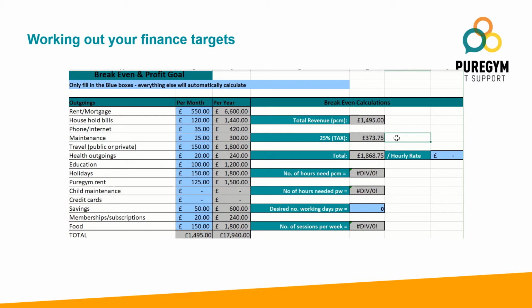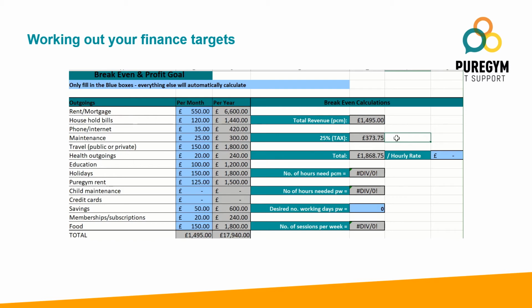Obviously, going into being self-employed, there's a certain amount of time where you've got to build your business up and create more revenue, and there are certain tax breaks and bandings that apply. But saying that, getting into a good habit of understanding what that money would look like with tax coming out is an important factor.